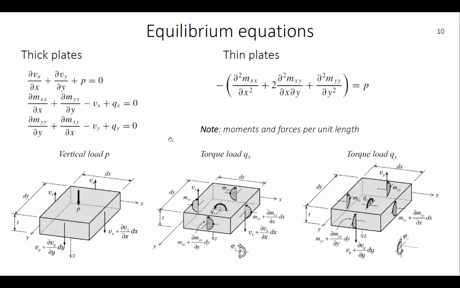And then finally we go to the equilibrium equations. Again, we distinguish between the thick plates and thin plates. So we have the vertical load, and in this case, this picture is taken from other literature, so the notations are slightly different.